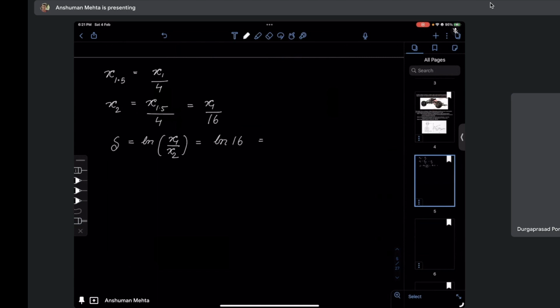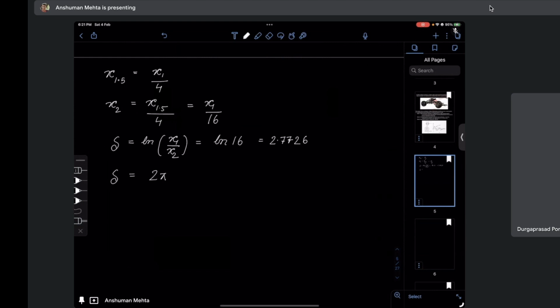I have used my calculator to calculate it, which comes out to be 2.7726. So this is the value of ln 16 I found on the calculator. So delta is equal to 2.7726.